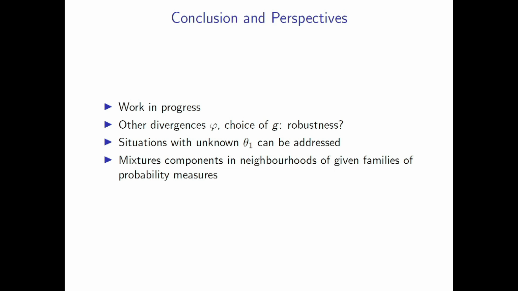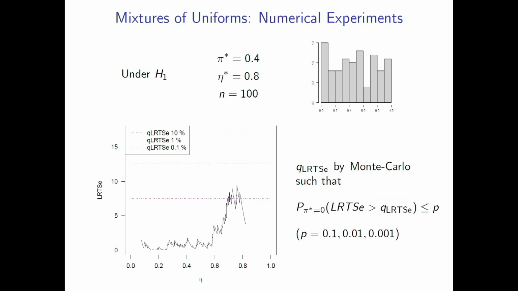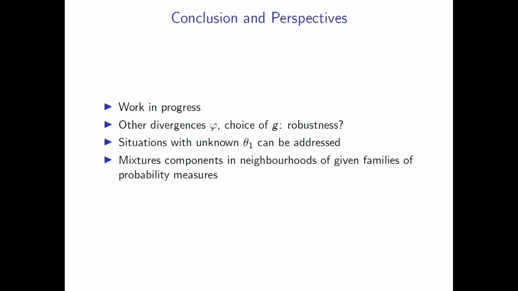Maybe a question. Have you some idea about the choice of the function G, the score probability function G? Oh, yeah. That's an important question, and that's in the perspectives. It's one of the things we have to look at, which we did not do yet, because in the example I presented, with the modified Kullback-Leibler divergence, it is not involved in the result.